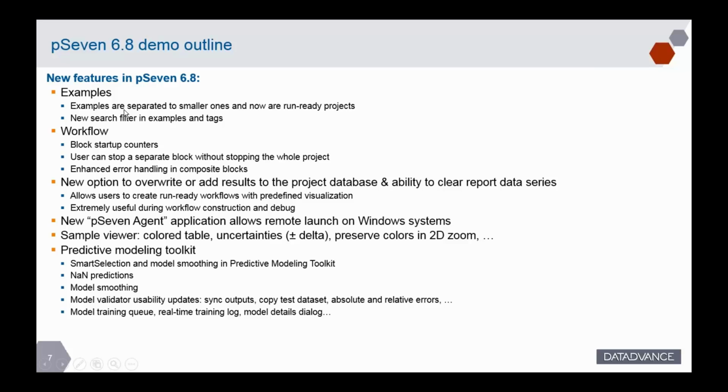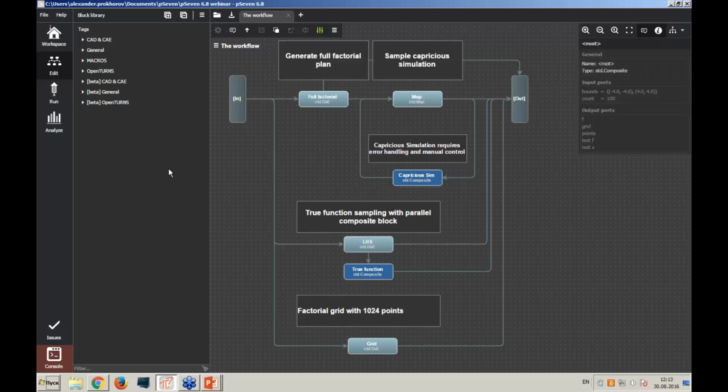This is the first group of features I'd like to show today. What do we have here? We have a full factorial DOE block which generates a full factorial sample. We'll use map block to sample some, as I named it, capricious simulation, and you will understand why I named it so.